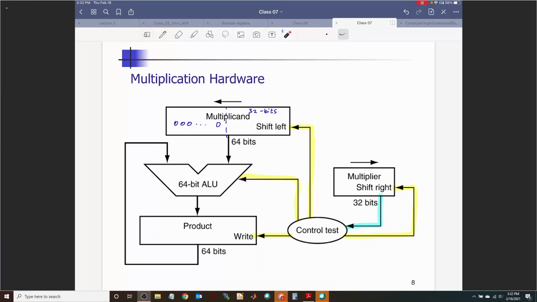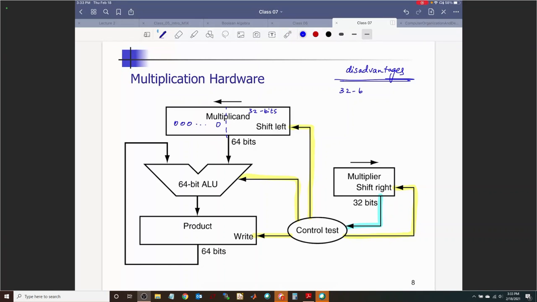Now, a couple of things are bad in this case, right? Negatives or disadvantages of this hardware. Can you guys tell me what disadvantages you see here? Do I really need a 64-bit multiplicand? I have a 32-bit number that I'm multiplying, and I'm using a 64-bit multiplicand. That's a problem, right?